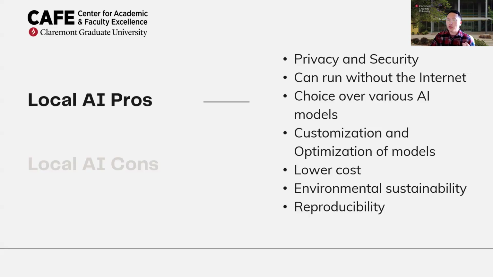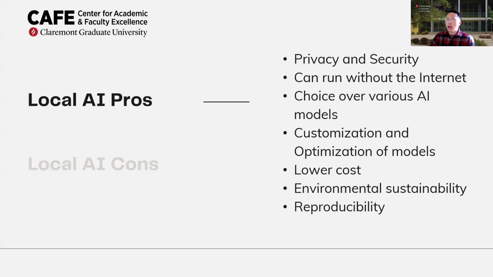Because if you're using online AI such as ChatGPT, any prompt or any information you feed into ChatGPT could be used for its training purposes. That means any information you input could be used to generate responses for some other people. So imagine if the hospital input this patient information into ChatGPT's online server, then somebody else at the other end of the world could have access to this information, which is what we're trying to avoid.